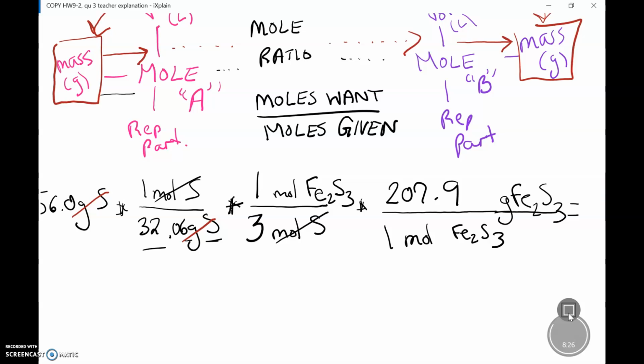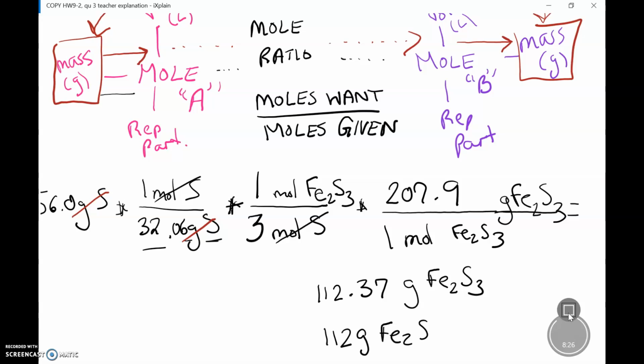When calculated all out, this should give you 112.37 grams of iron 3 sulfide. Technically, our amount of reactant given only has 3 sig figs, so your answer actually should be 112 grams of iron 3 sulfide.